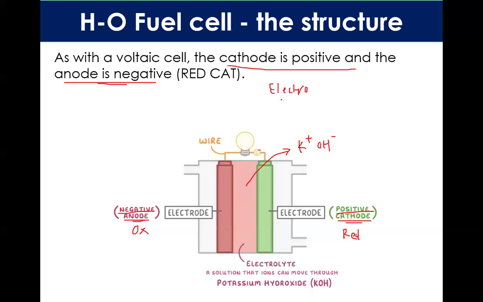We have electro, that means electricity, so electrical energy. And then we have lysis, which literally means breakdown. So in electrolysis, you're using electric energy to break down a compound, an ionic compound, right?